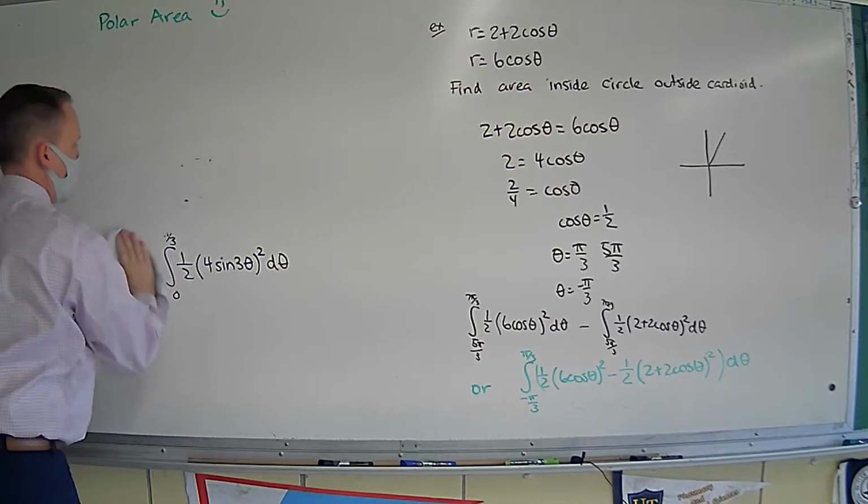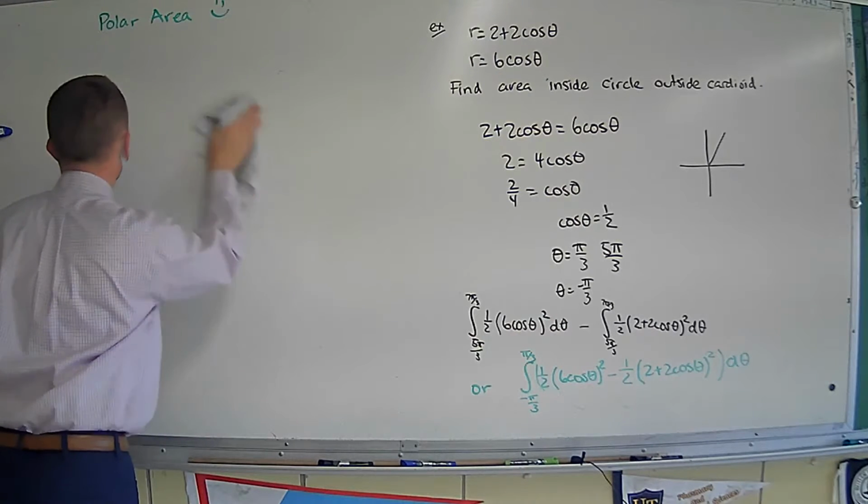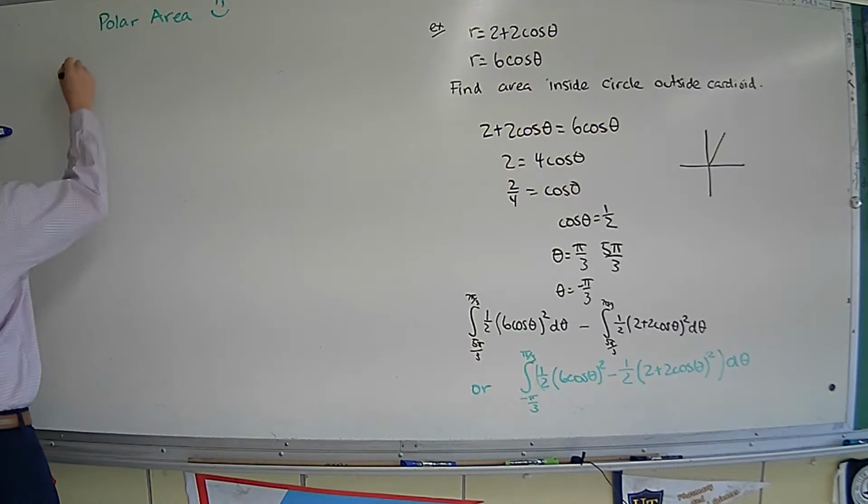So our polar curve is r equals 2 plus 4 sine theta.